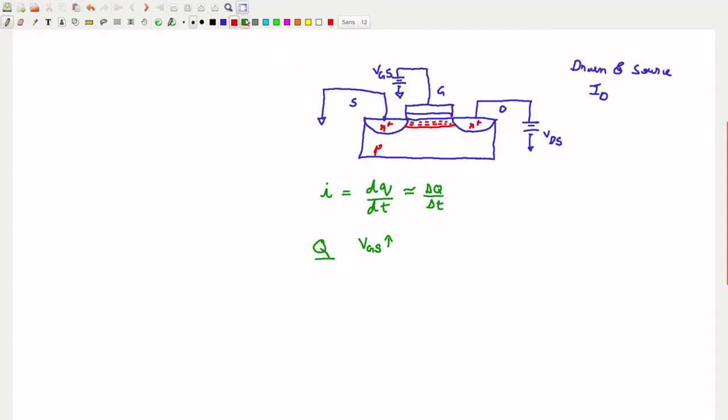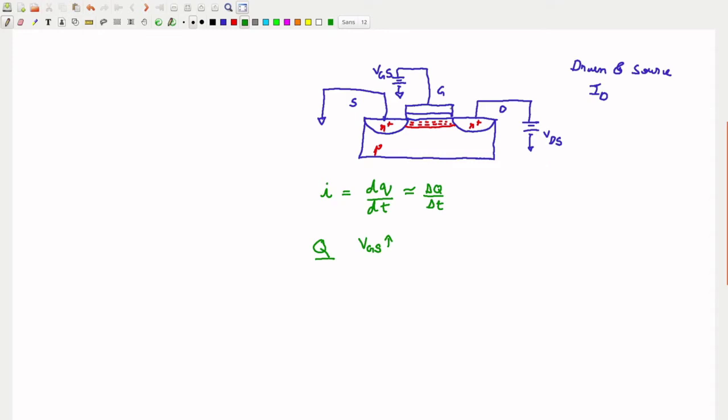And we also know, by the virtue of the construction, there is a capacitor forming between the gate and the channel.